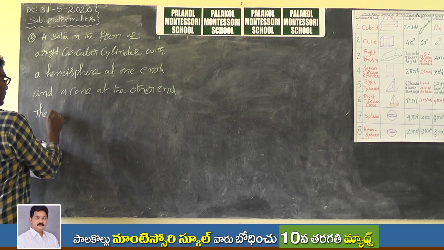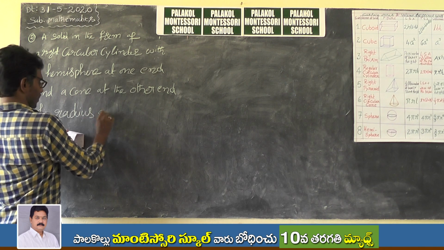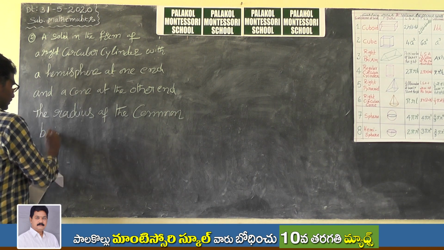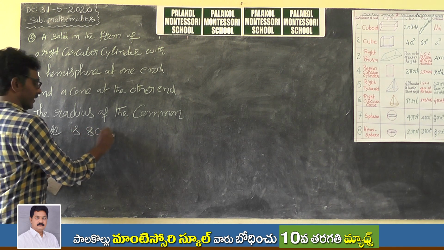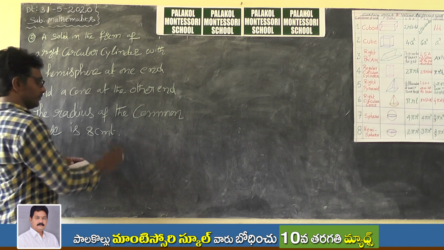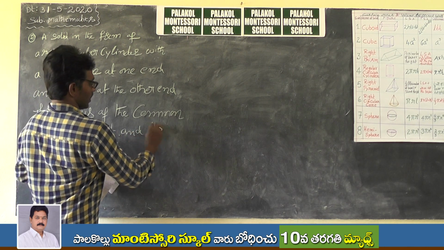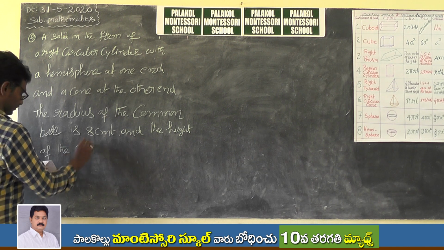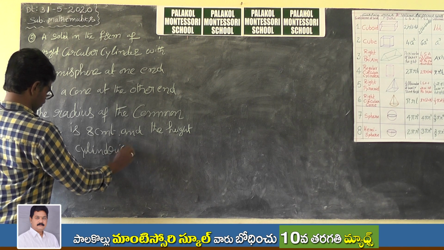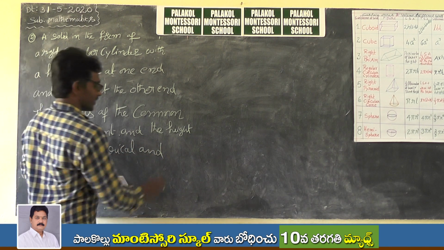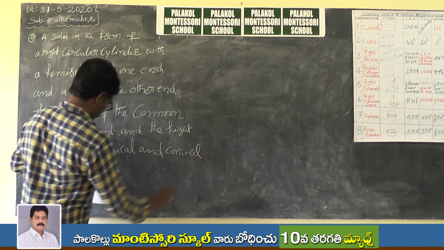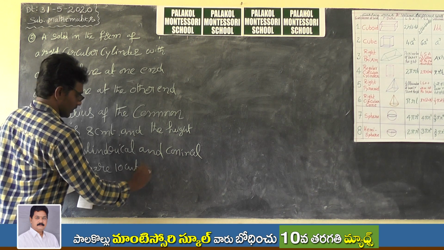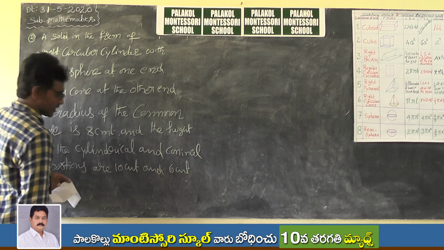The radius of the common base is 8 centimeters and the heights of the cylindrical and conical portions are 10 centimeters and 6 centimeters respectively.